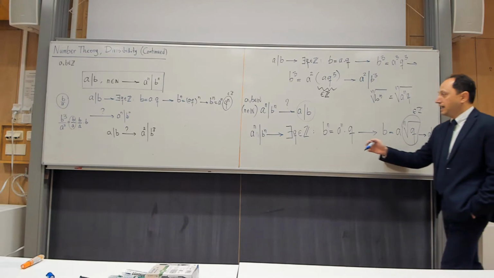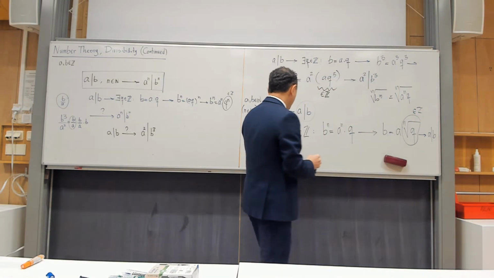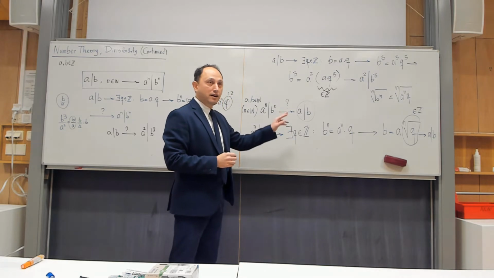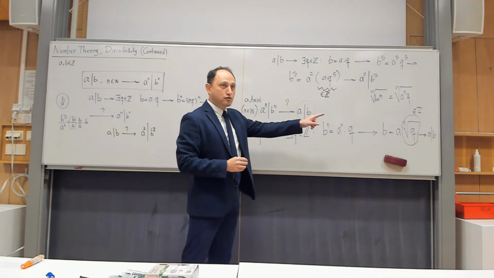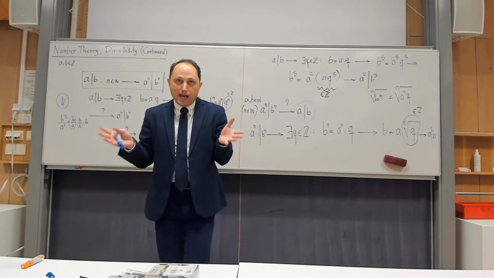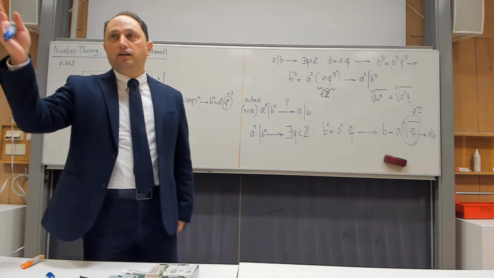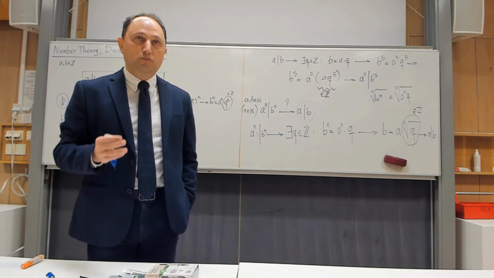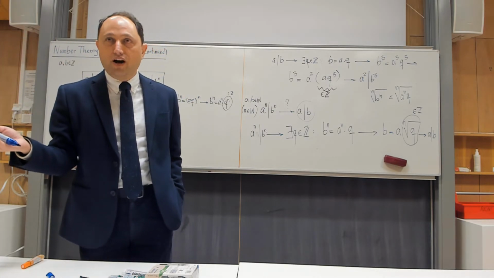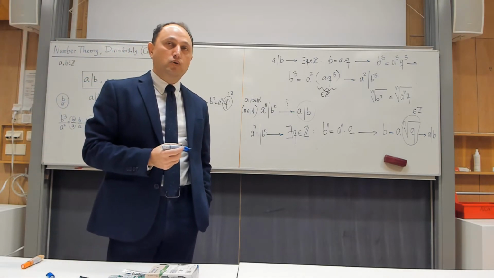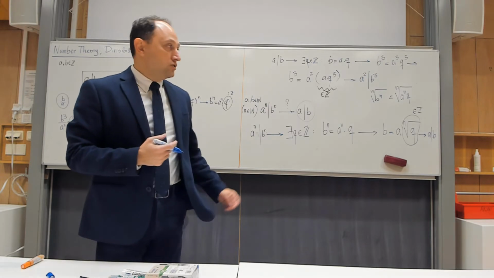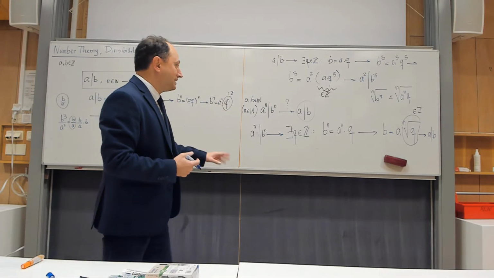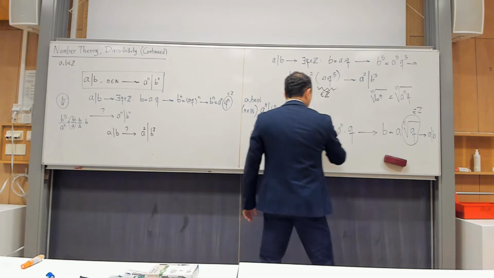Because when you take the nth root of an integer, there is no guarantee that that nth root is also an integer. It might happen. For example, you take the third root of 27, the answer becomes 3, which is an integer. But if you take the third root of 25, it's not an integer anymore. Is that understandable? So this means that this is not a valid argument.